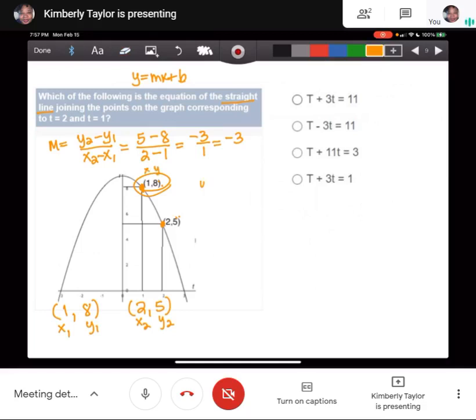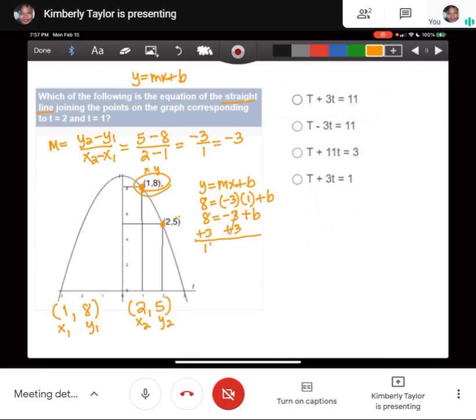So y equals mx plus b. This is going to be 8 equals m, which is negative 3, times x, which is 1, plus b. And I get 8 equals negative 3 plus b. Add 3 to both sides.